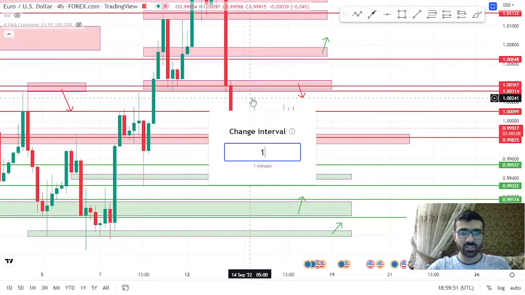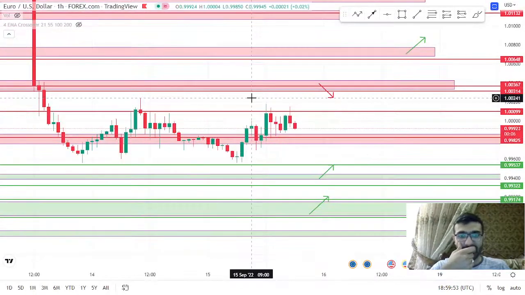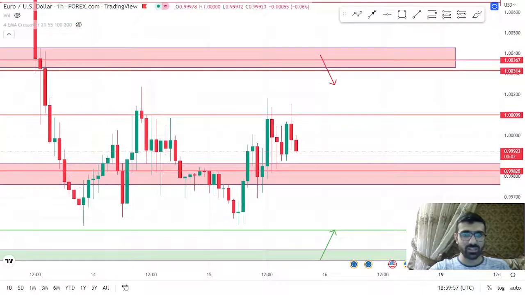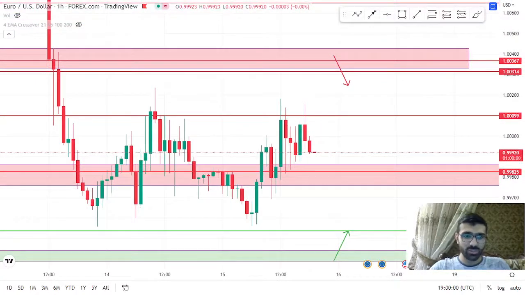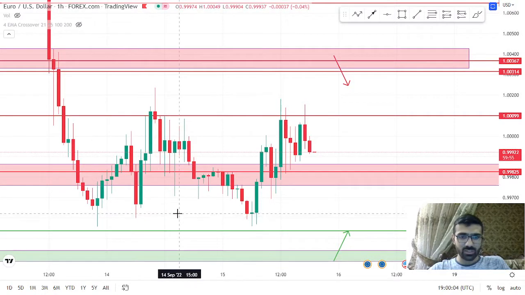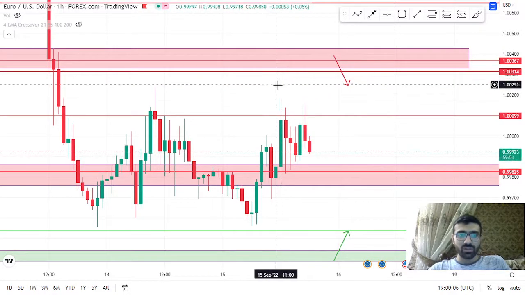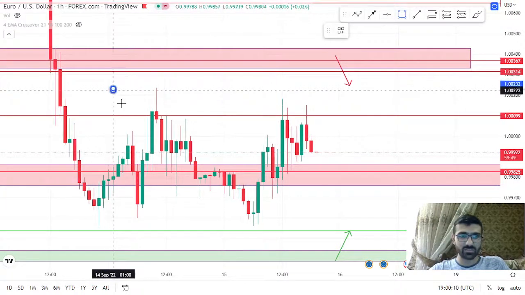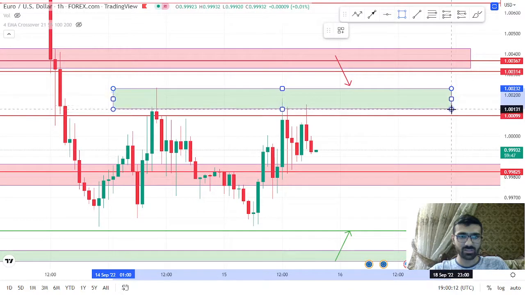So let us go back to the 1-hour chart, and let us mark our areas, so we have a good idea of what to expect tomorrow. So I am expecting that this area would be taken out tomorrow, or anything can happen, but let me just mark these areas.